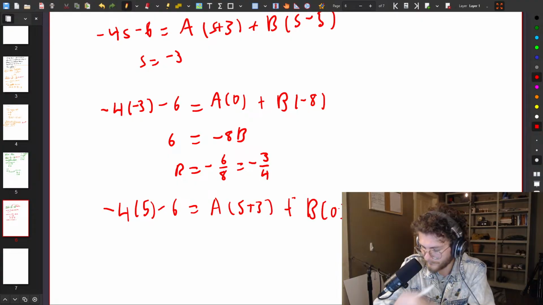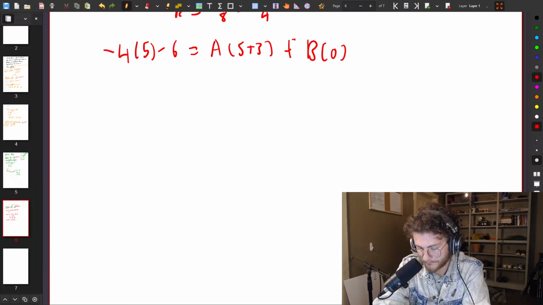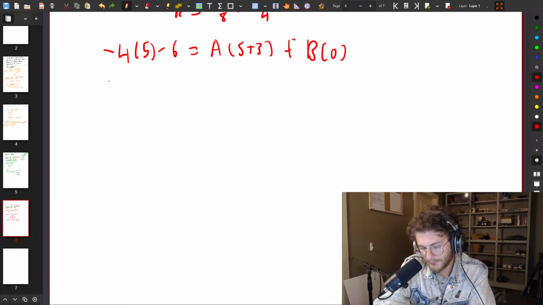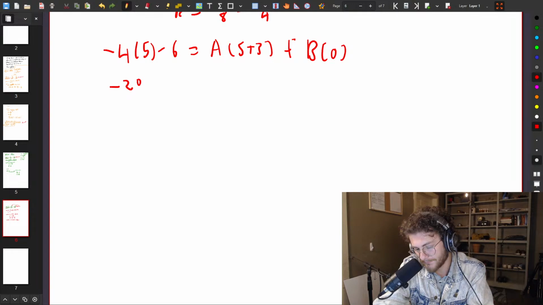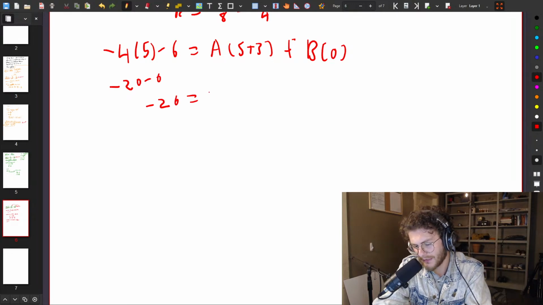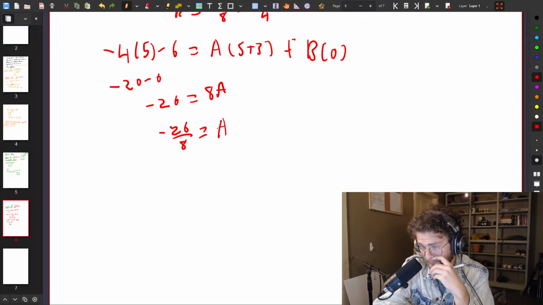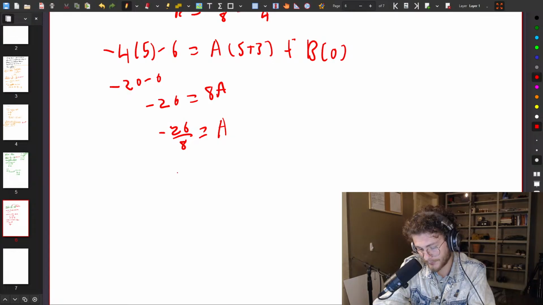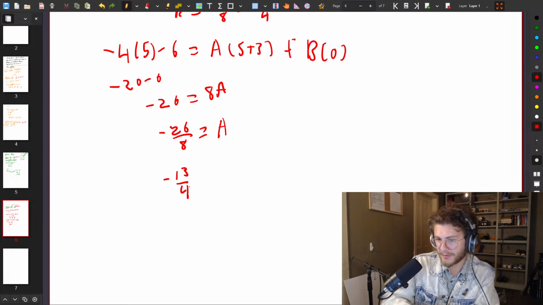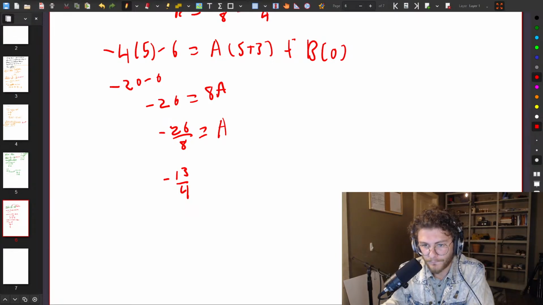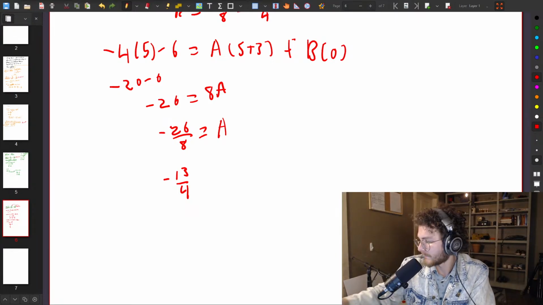That's gone, like it was before. So now we're going to do negative 20 minus 6, which is negative 26, equals 5 plus 3 is 8, 8A. Negative 26 over 8 is A. Now, negative 26 over 8 is a lovely number because we can say that's reduced to negative 13 over 4. Let's see what we get there. Negative 13 over 4 for s minus 5.